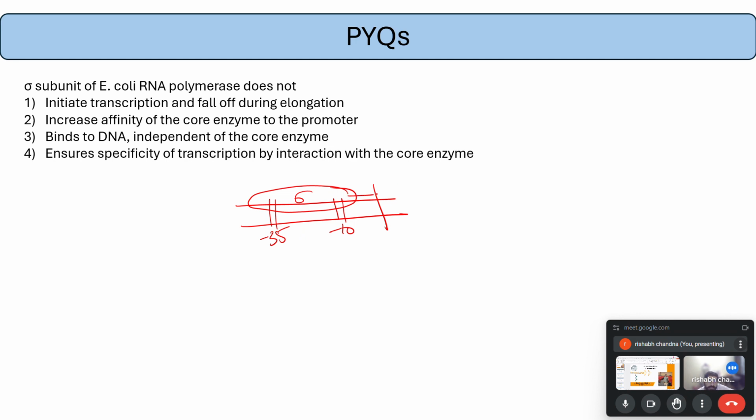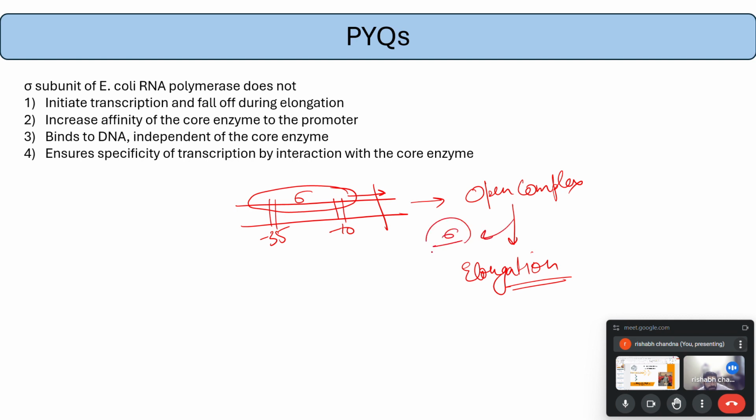It helps in transcription initiation, leads to the formation of open complex, and it basically leaves the RNA polymerase during elongation. Okay, so here the sigma protein falls off, then only the elongation, or the basic polymerization of the transcription, takes place.